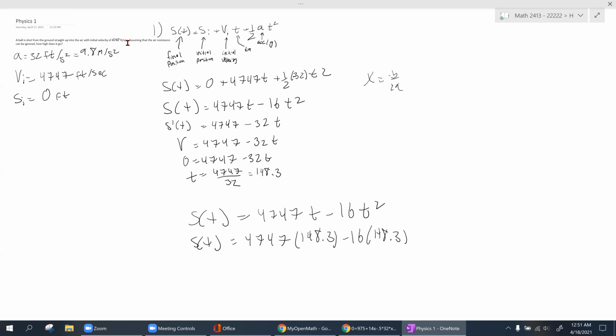I just realized that this here should not be 47. That should just be 47 feet. I'm not sure why it was doubly marked. That's why I was wondering why my information was kind of off. So this should just be 47.